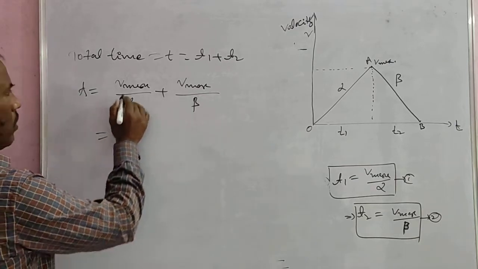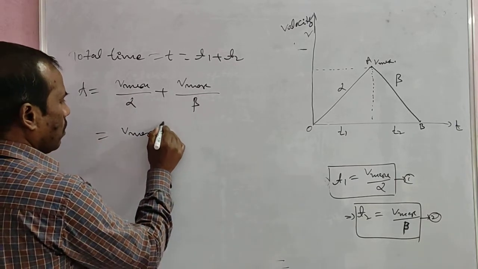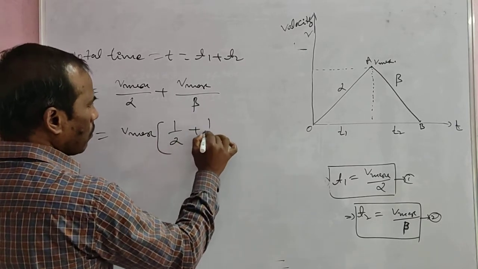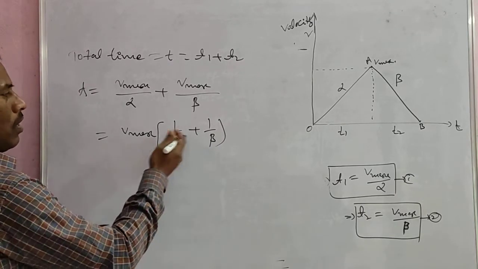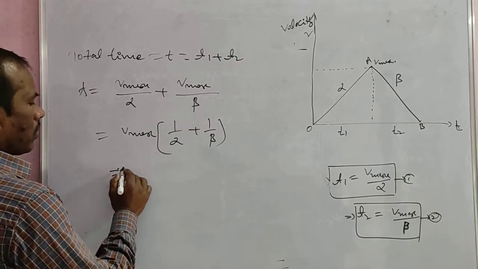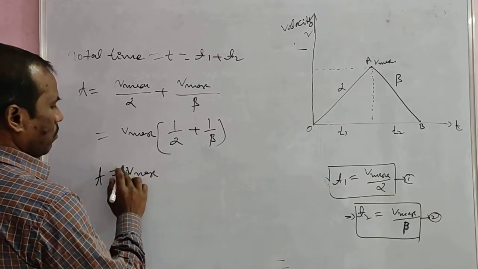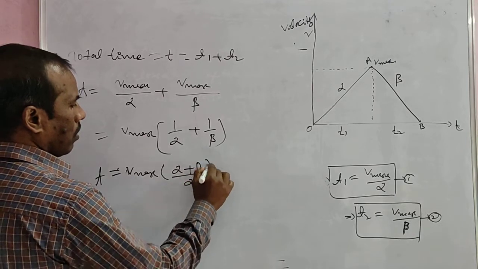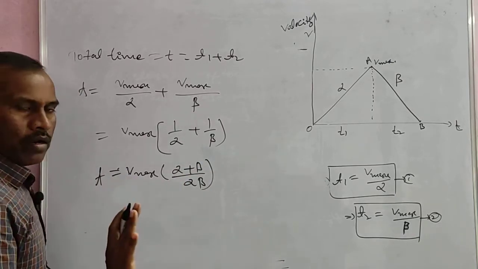V maximum is a constant, so it is a common term: 1 by alpha plus 1 by beta. Taking the LCM, we get T is equal to V maximum into (alpha plus beta) by alpha beta. This is the total time.